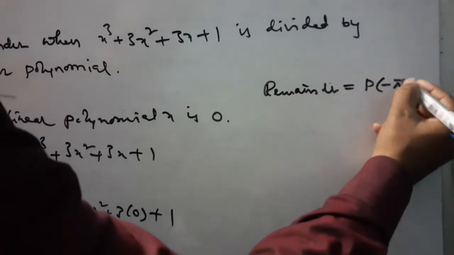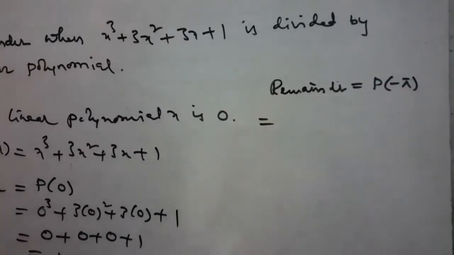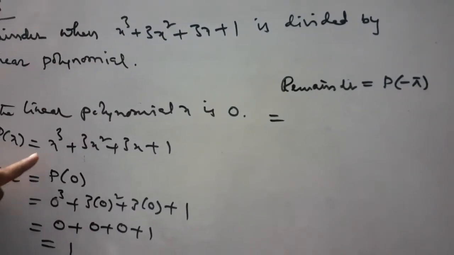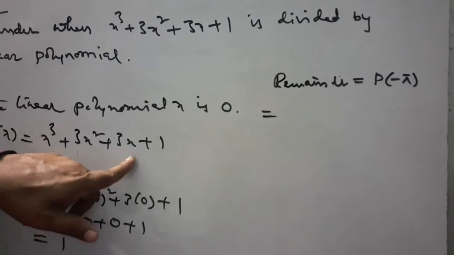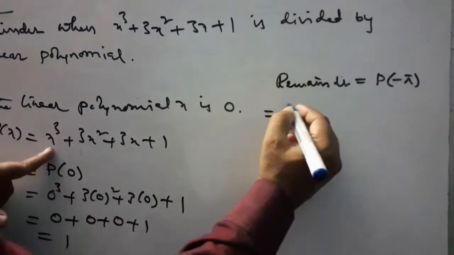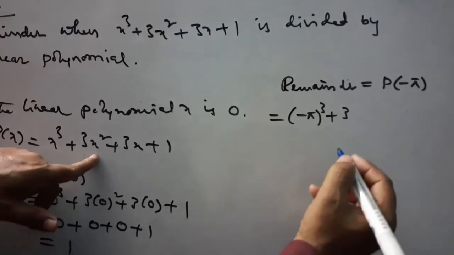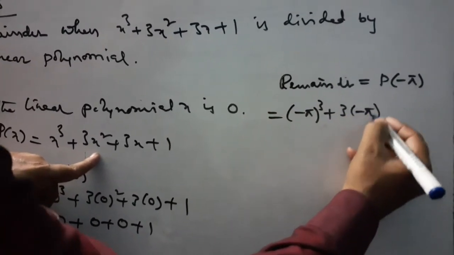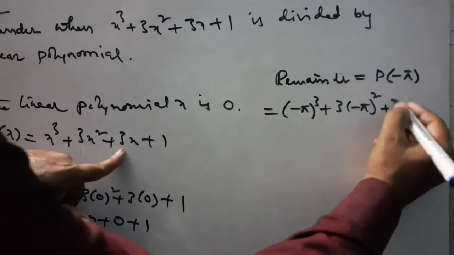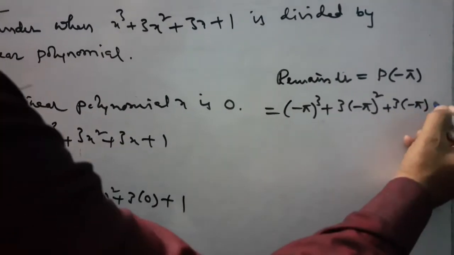p of minus pi. So p of minus pi, p of x is equal to x cube plus 3x square plus 3x plus 1. X cube means here minus pi whole cube plus 3 into x square. X square means pi square plus 3 into minus pi plus 1.